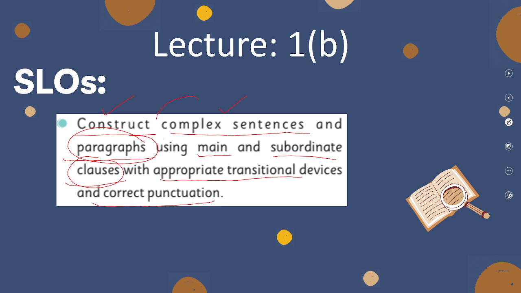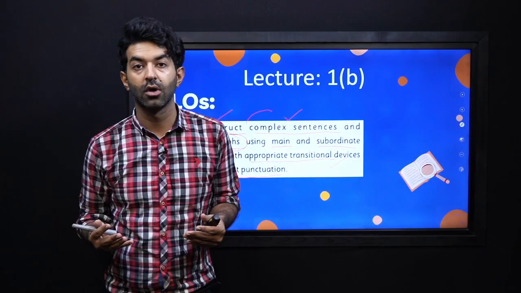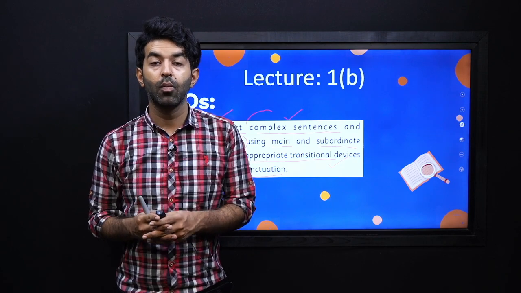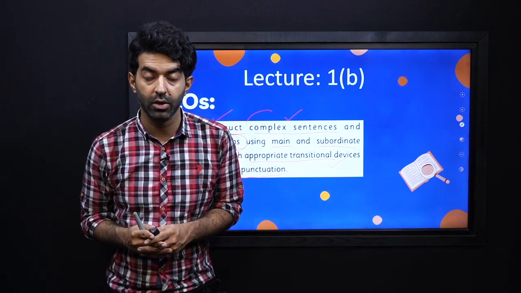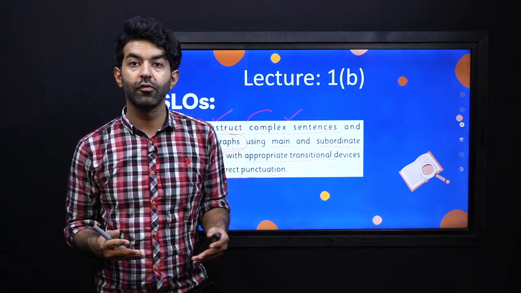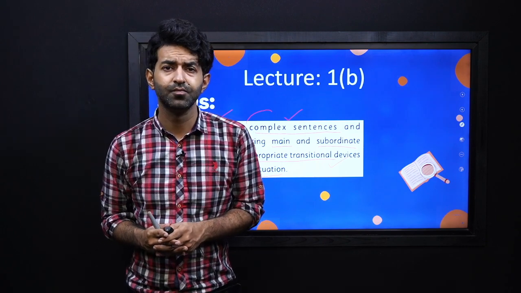We know that a clause contains a verb and a subject, and there are main and subordinating clauses. We will talk about transitional words, transitional devices that are used to transition from one idea to another. We will also talk about how punctuation is included in all this and how very important it is. So we have a number of topics in this lesson.